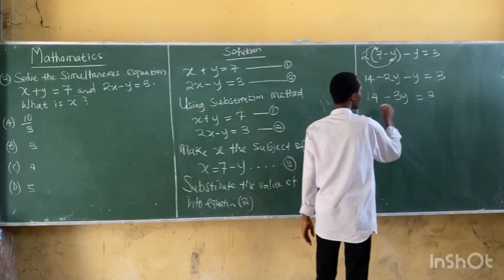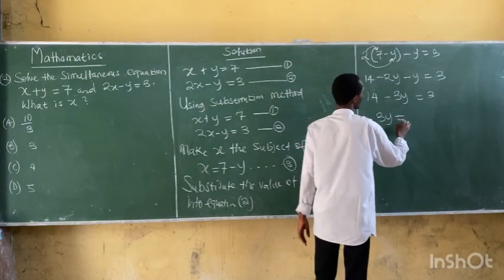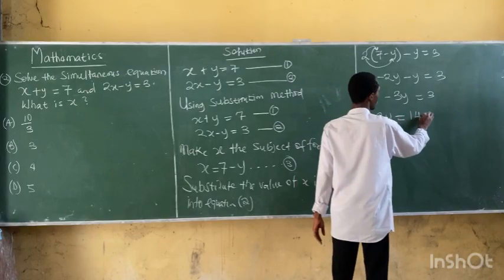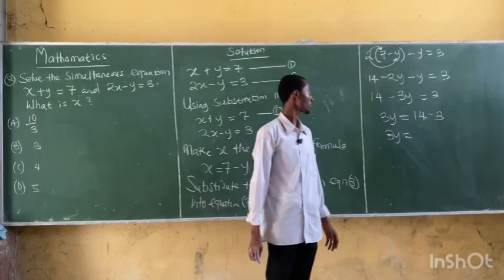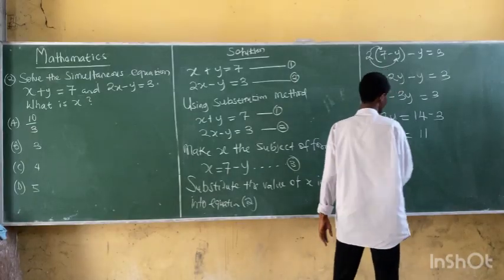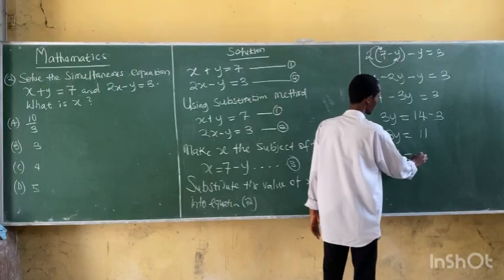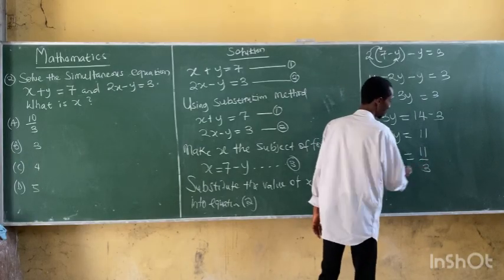If we make this the subject of formula, we have 3y is equal to 14 minus 3. 14 minus 3 gives us 11. If we make y the subject of formula here, we have y is equal to 11 over 3.